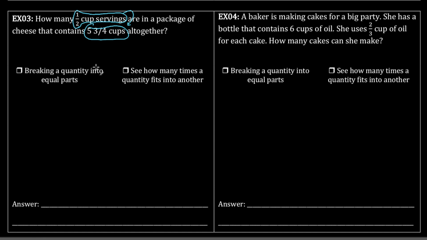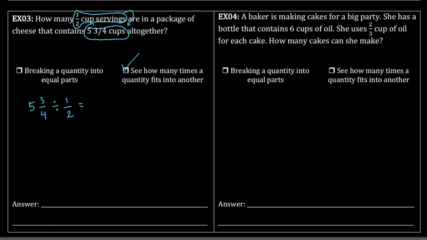You can think about it as breaking up this larger portion into these smaller portions, but I like to think about it as how many times these half cups can fit into these 5 3/4 cups. And so we have 5 3/4, and we are going to divide it into half-cup servings.